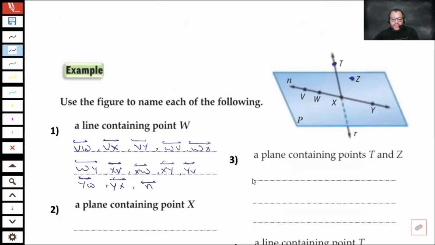So we can say W, T, Z, or Y, Z, T, or X, Z, T. You understand it? Any problem for this one? Just choose any point with the other two points so they can form a plane.